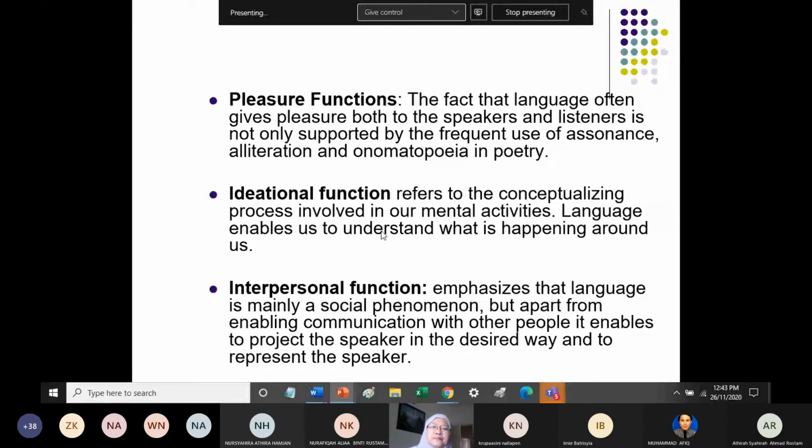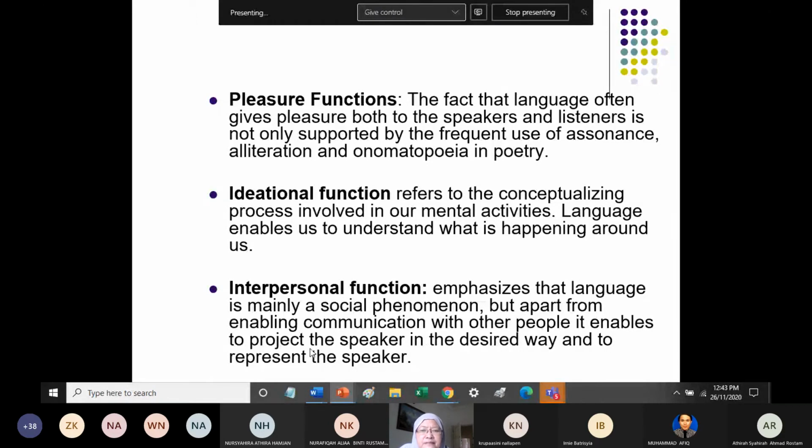Language enables us to understand what is happening around us. So when we are observing something and there's some reasoning happening in our mind, our brain, we use language to comment on it or even to think. We also think by using language, okay?